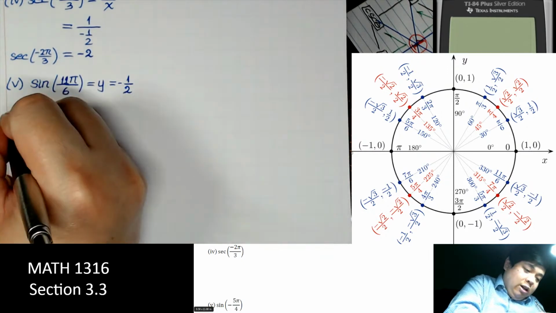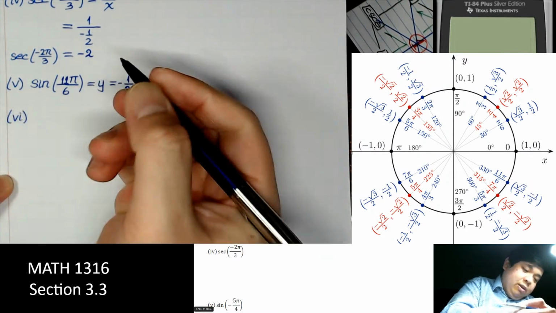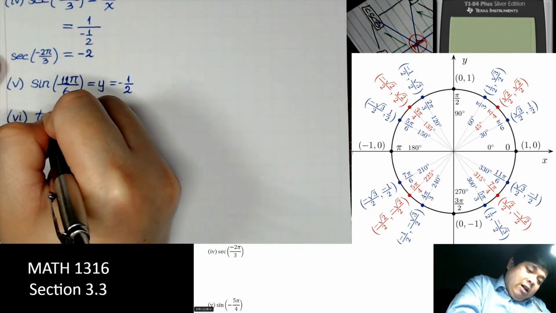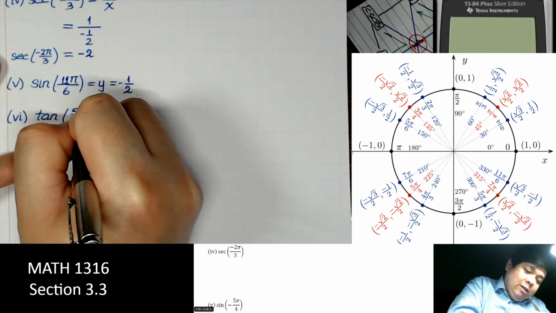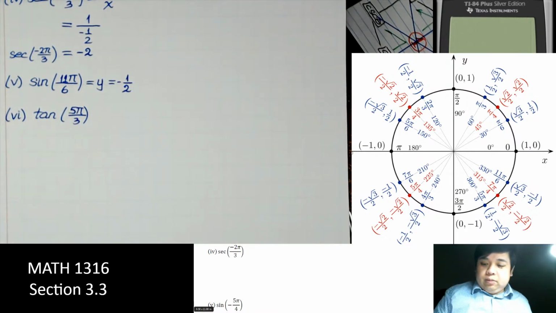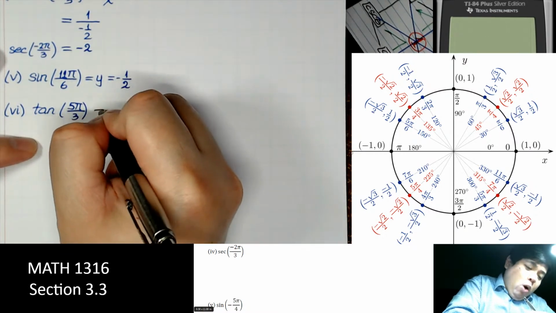Let's go with another one. I'll just make up an example here. How about we find tangent of 5 pi over 3? So first, tangent is y over x, right?